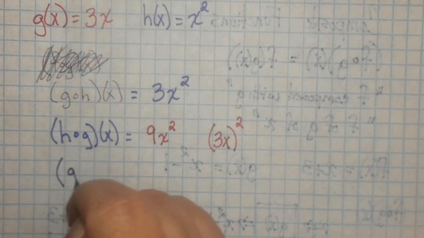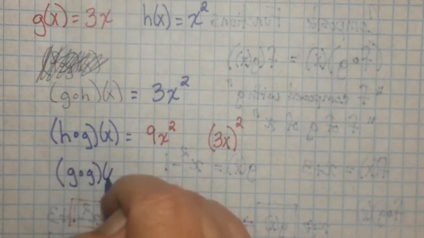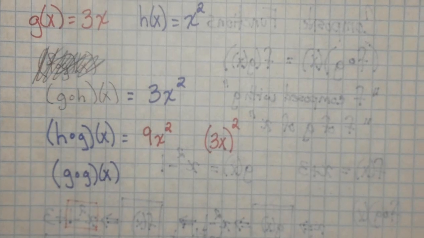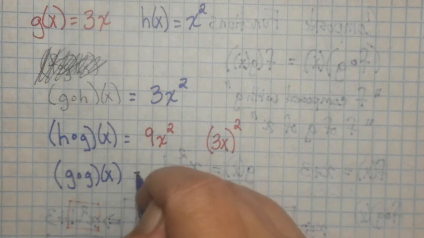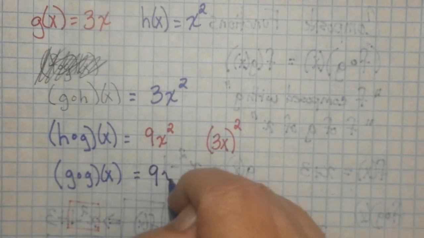Alright, now try g composed with g. What did you get for that one? 9x.